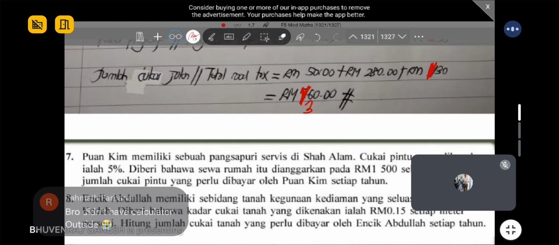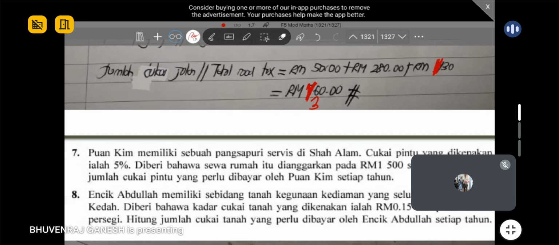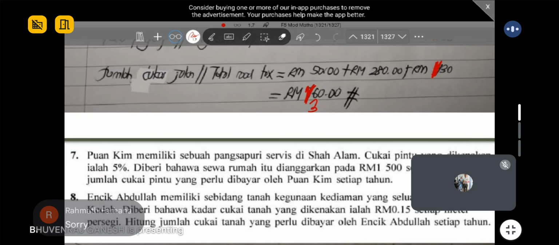Oh, okay. Never mind. I skip to the next person. It's okay. Angela, can you help your friend for question 7? What will be the answer? It's okay, no worries. So basically, the question is the property assessment tax is 5%, and then they tell you 1 month the rent is 1,500. So they ask you to count what is the total property assessment tax that you need to pay.